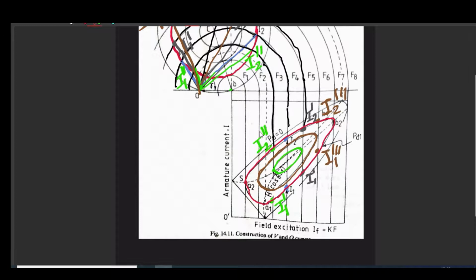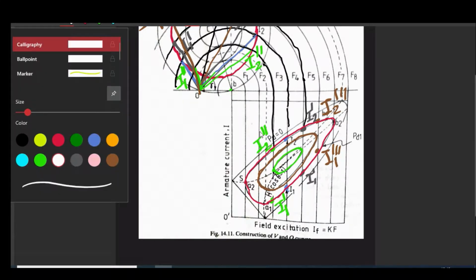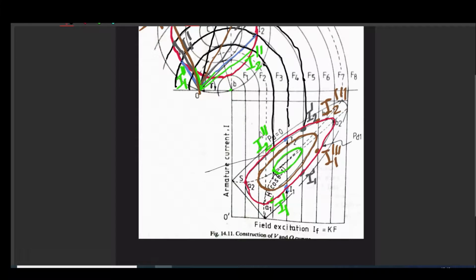So these curves indicate different power levels. You can also say power contour.